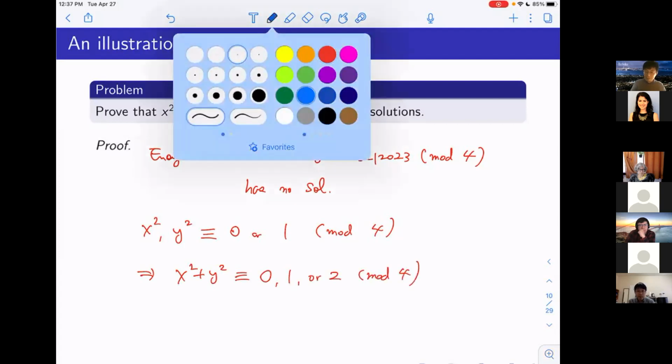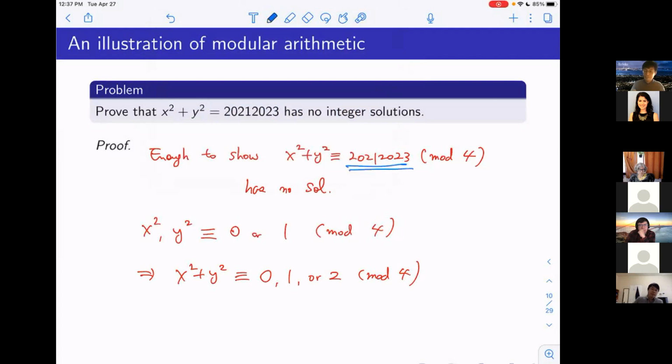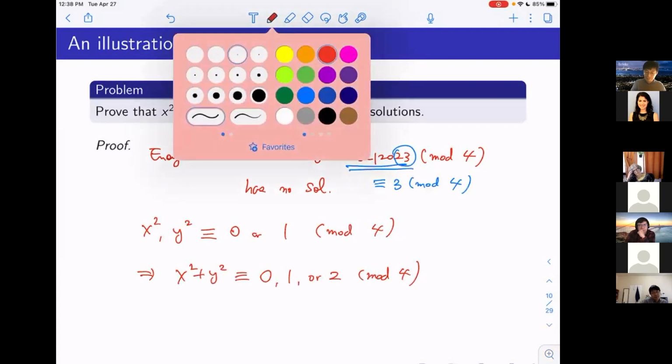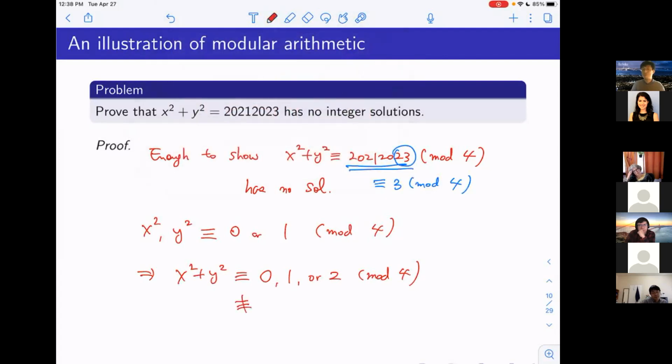But now look at this number. What is it mod 4? Well, if you divide by 4, then really 100 is divisible by 4. So you just pay attention to the last 2 digits, and you can easily see that this is 3 mod 4. Whereas 0, 1, 2 are not equal to 3 mod 4. So we are done. Because x squared plus y squared is never congruent to 3. So this equation has no solution.